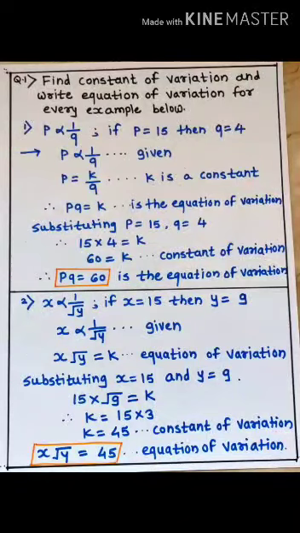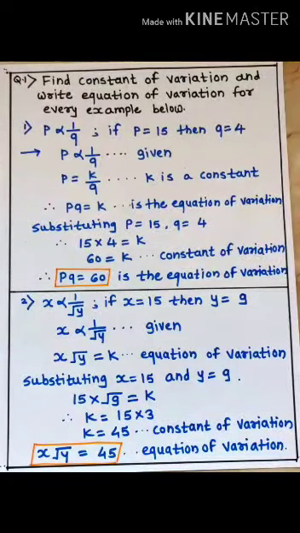Second example, x varies inversely as square root of y. If x is equal to 15, then y is equal to 9. Solution: x varies inversely as square root of y is given. X into square root of y is equal to k, that is the equation of variation. Now substitute the value of x as 15 and value of y as 9 in the above equation.